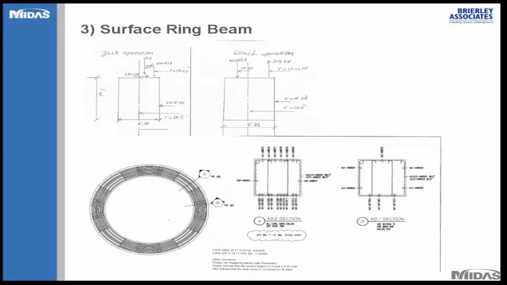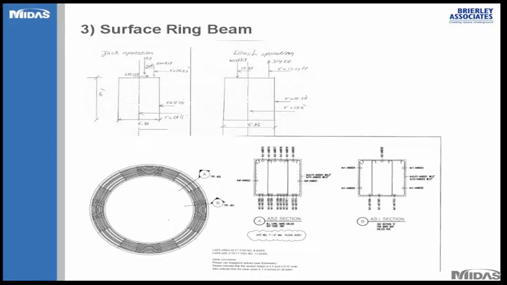And finally, the other component is the surface ring beam, which I described before. It's a huge beam, used to support all the winches and jacks at the very top. As you see in the schematic, the forces are applied very close to the edge. They are not centric, because of construction issues: you have to have the cranes very close to the edge so you can put in your cables and attach to the rings.